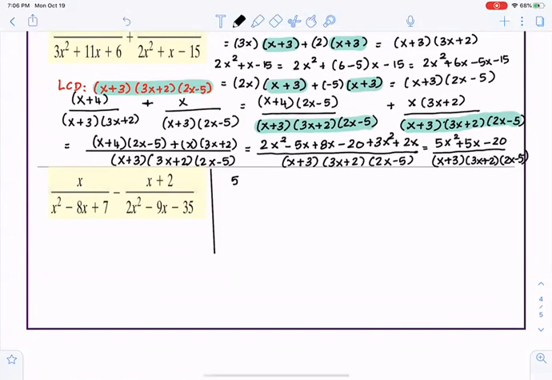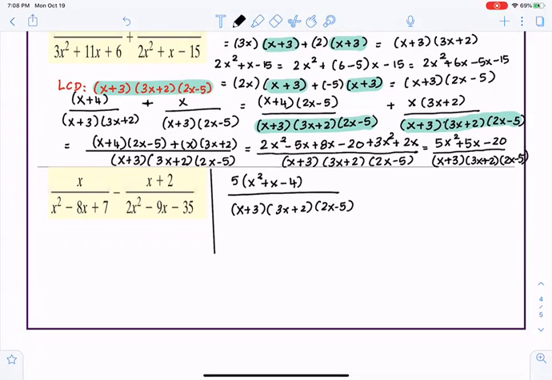So if I pull 5 out, I have x squared plus x minus 4, divided by x plus 3 times 3x plus 2 times 2x minus 5.